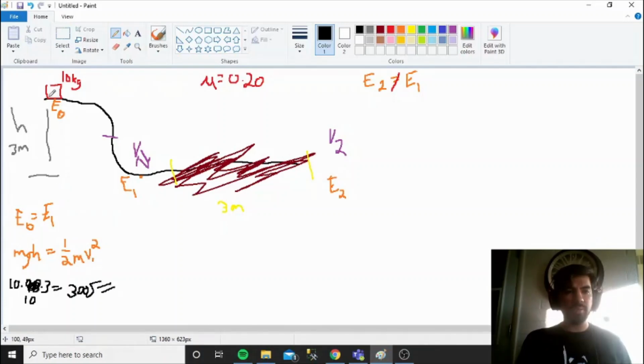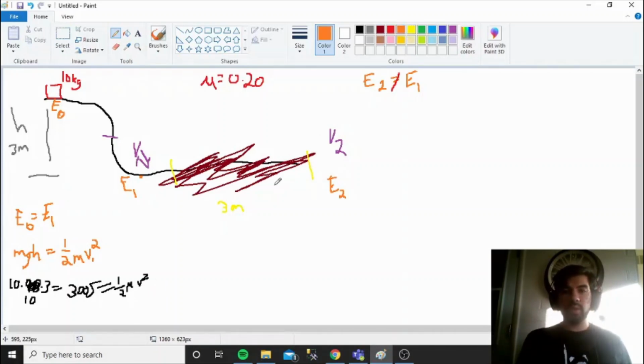Do you see that? So the energy up here is 300 joules, and that's going to equal the energy right here, which equals 1/2 mv squared. So we just then have to find v. That means I multiply by 2, and then I divide by 10. So 600 divided by 10, 60. Do you see that?